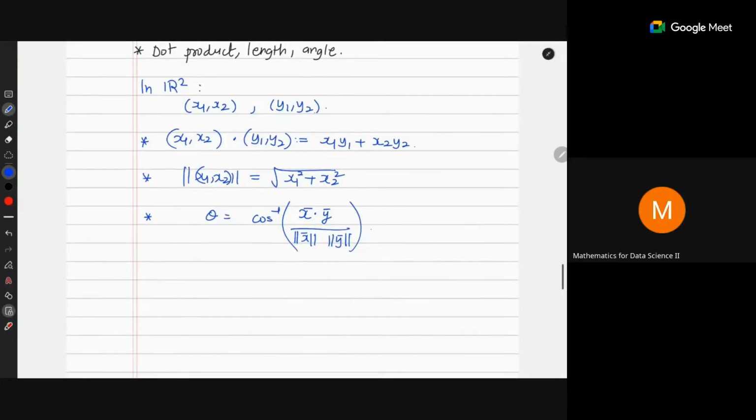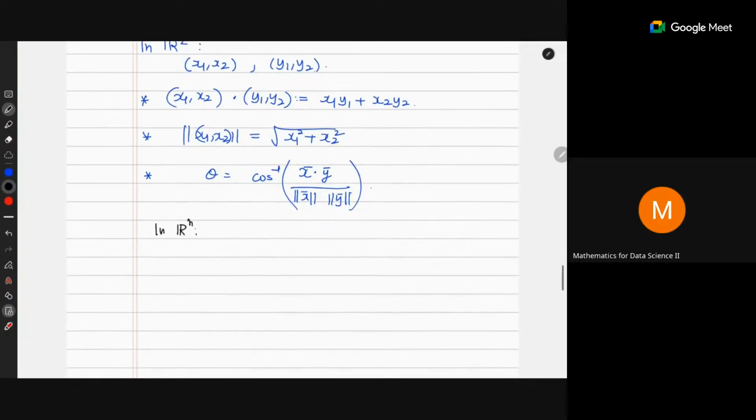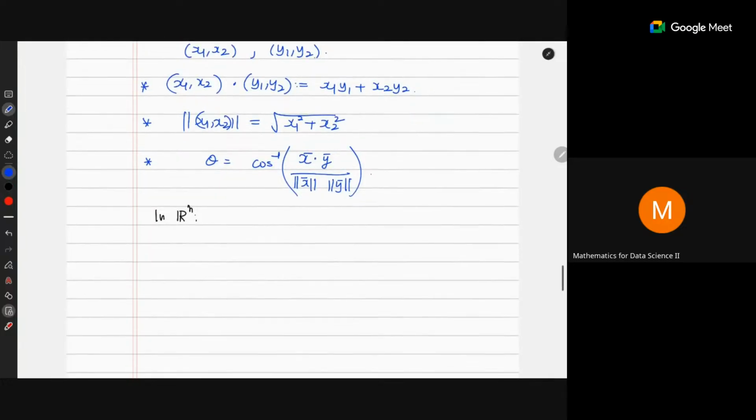So we can generalize this to Rn, and the generalization is quite a direct one. Suppose you have x1, x2 up to xn, and y1, y2 up to yn. Then the dot product is given by the sum of xi yi, with i varying from 1 to n.